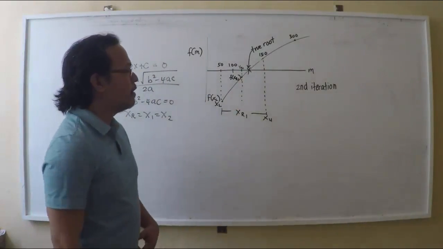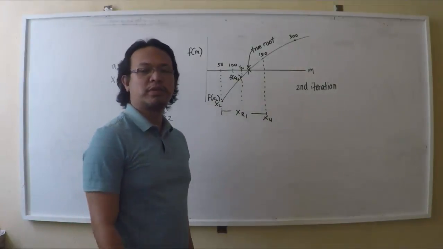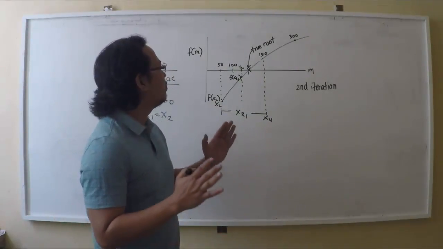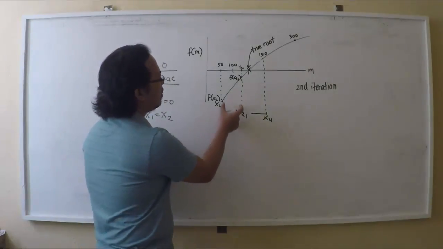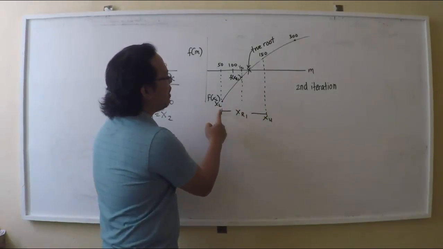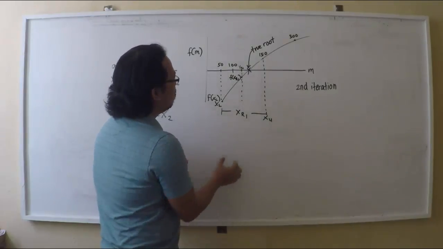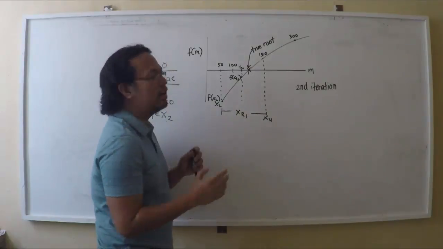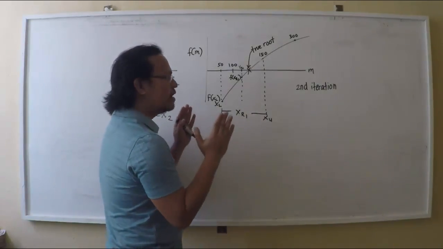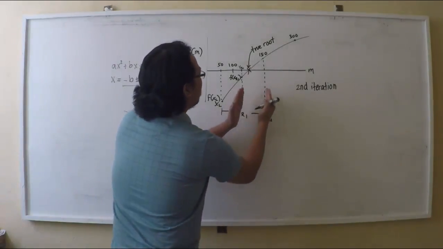Now, in the second iteration, you have to test first because you have to change the boundary. If this is xr1, this is the lower boundary before, this is the upper boundary. Are you going to stay in this boundary or in this boundary? As you can see, the good bracket should be here.